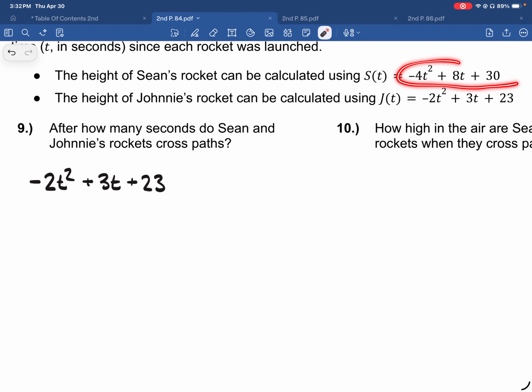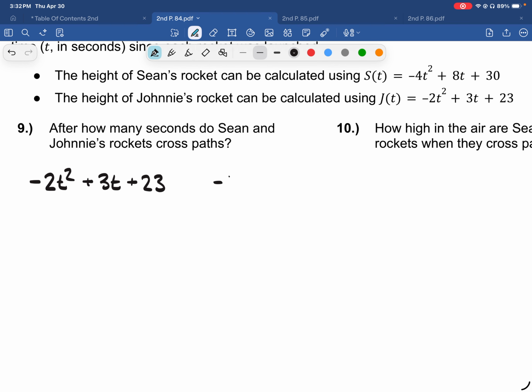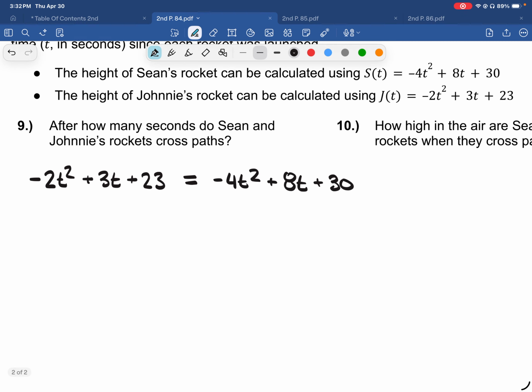And then Sean's rocket, negative 4t squared plus 8t plus 30. And I am going to set those two functions equal to each other.